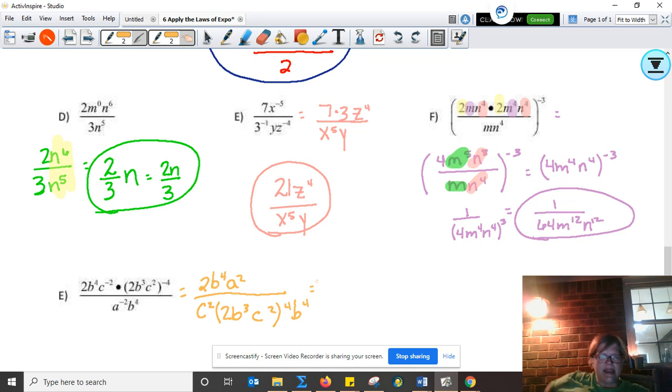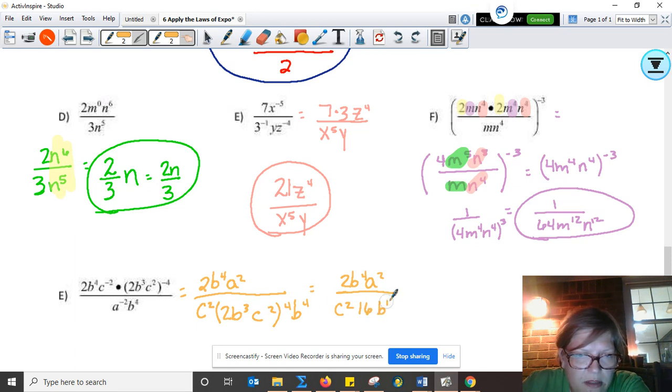All right, now I'm going to get rid of that exponent, that to the 4th power. To do that, I'm going to have 2 b to the 4th a squared over c squared. 2 to the 4th power is 16. B cubed to the 4th power, b to the 12th, c to the 8th, and then b to the 4th.